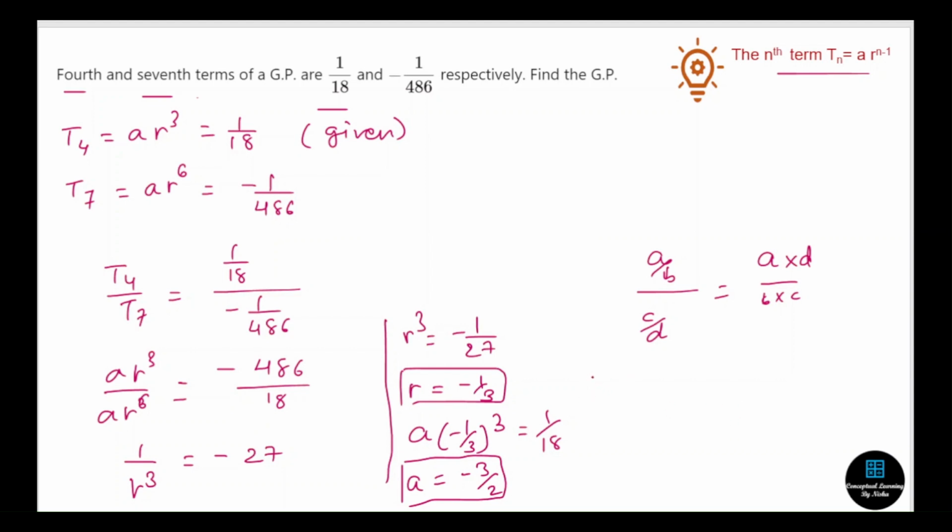So I can say the GP. So GP is minus 3 upon 2. Second term, if I multiply this by r, I'll get plus 1 upon 2. The next term is a r square. So I'll get minus 1 upon 6. Fourth term is 1 upon 18 and so on. So this is the GP.